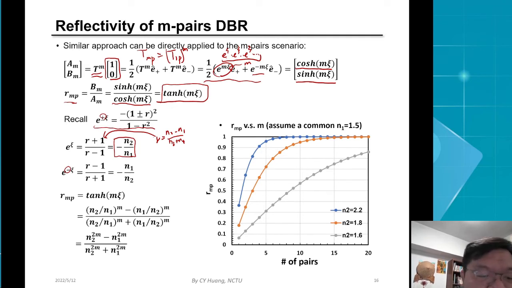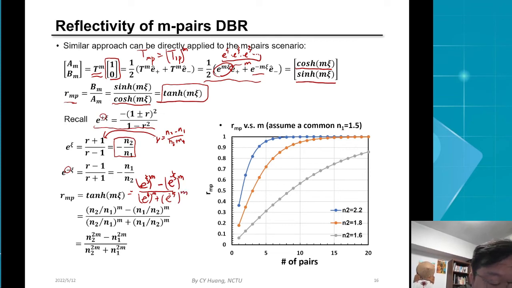Okay, then we have the hyperbolic tangent. It is exponential c for m times minus exponential c for m times as well, and exponential c for m times plus exponential minus c for m times, and plug it in.